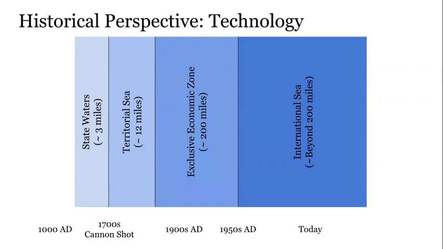So what we're saying here is that technology in many ways creates the impetus for us to start thinking about creating property rights in our oceans, because without technological advancement, we really don't have a need or a use for rules of the road, because there's no human interaction.